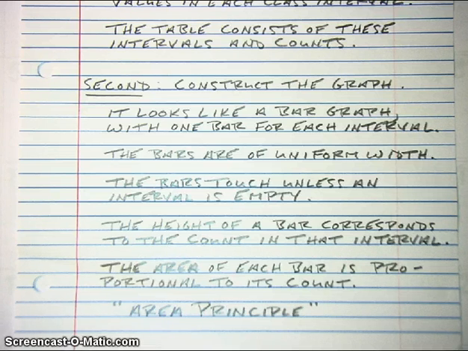Otherwise, if you don't observe this principle, you get distorted graphs, and it can be very misleading. Sometimes people make this mistake inadvertently, and sometimes people make this mistake on purpose. So when you look at a graph, you always want to make sure that the graph follows this area principle. It's a very important idea in statistics.